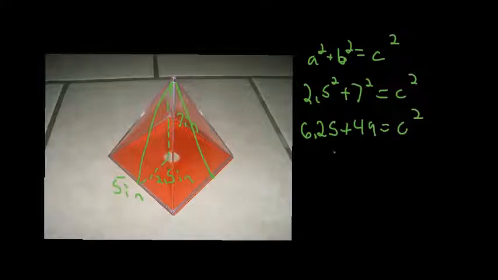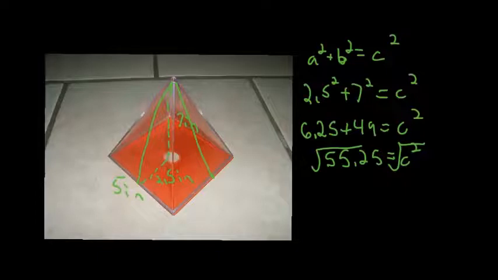I add that up, I get 55 25/100 equals c squared. Square root that. So again, use your calculator, square root that, and get an estimate. And you're going to get c is about 7 4/10 inches.